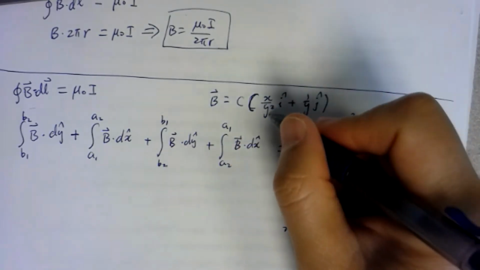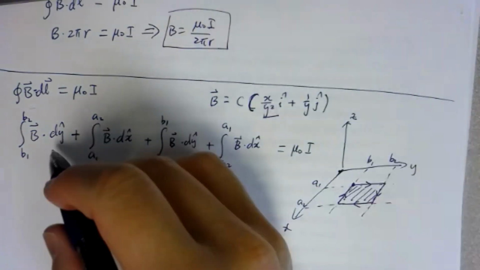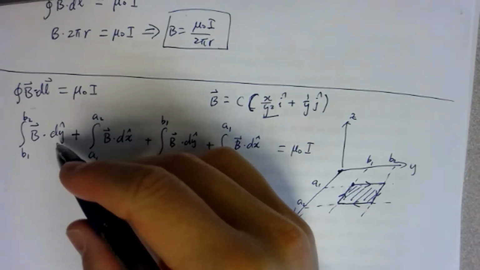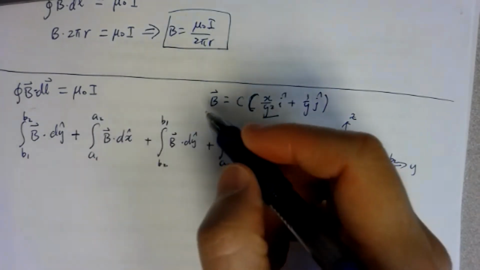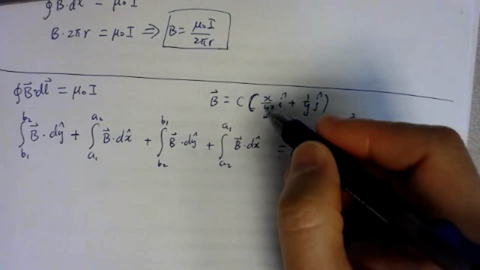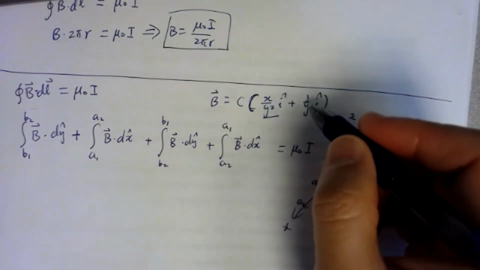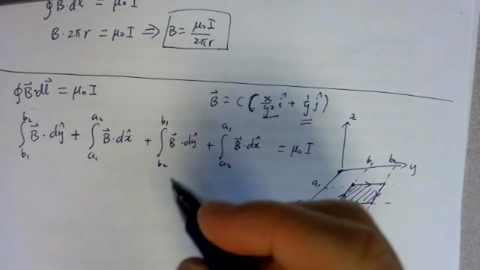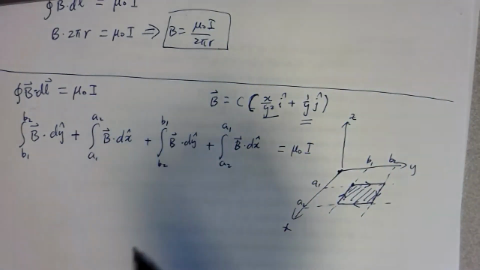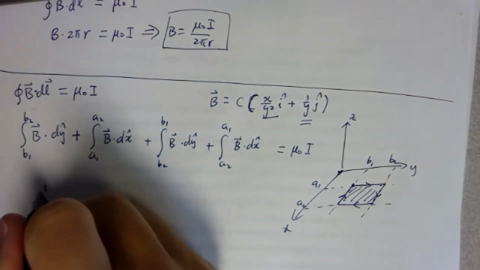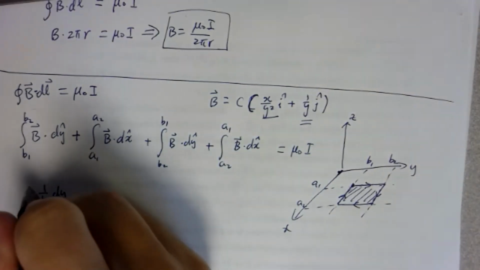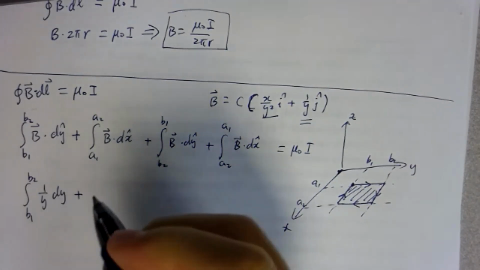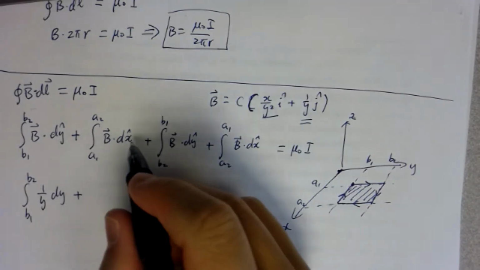For the dot product, i dotted with dy in the y direction are perpendicular to each other, so the first term will be 0. You only have the second term, which will be 1 over y times dy from b1 to b2.